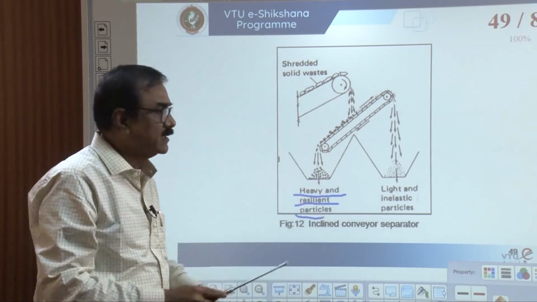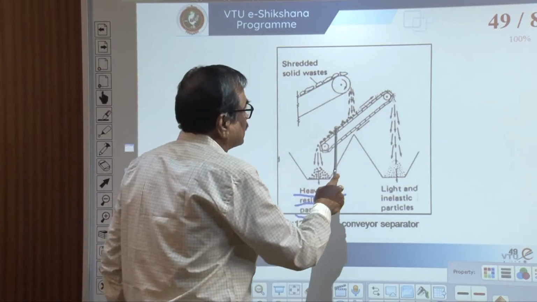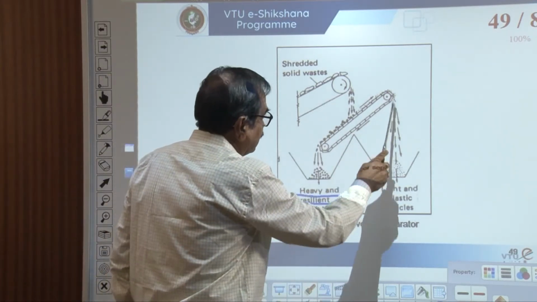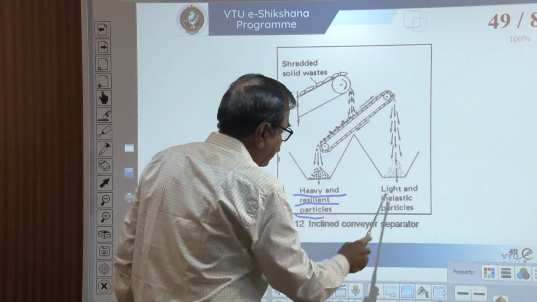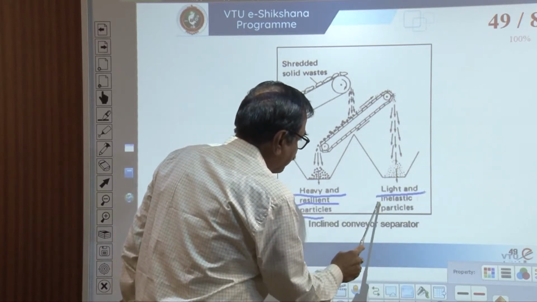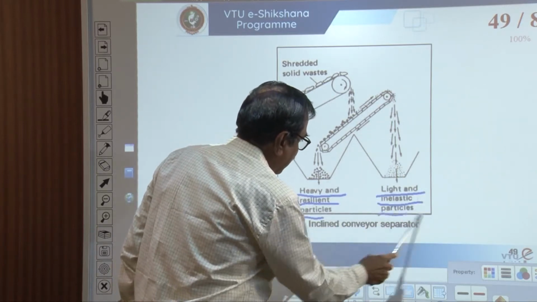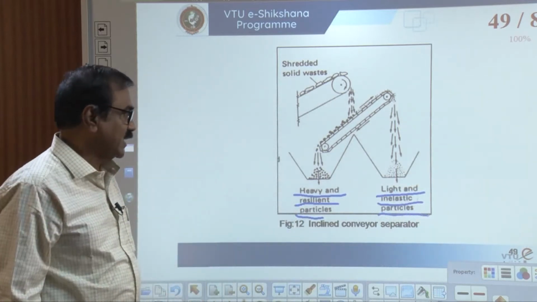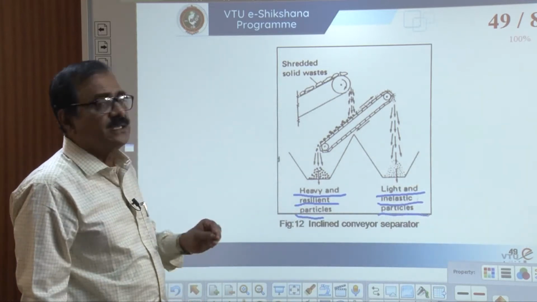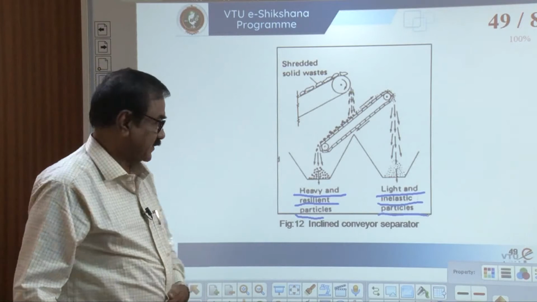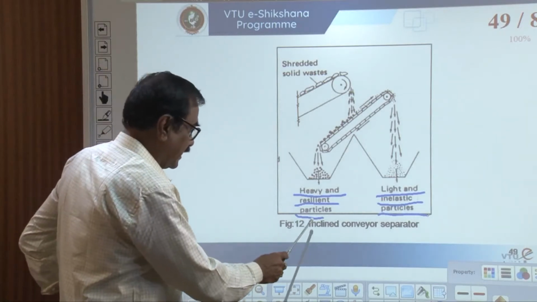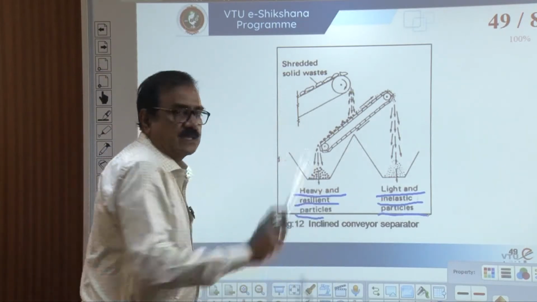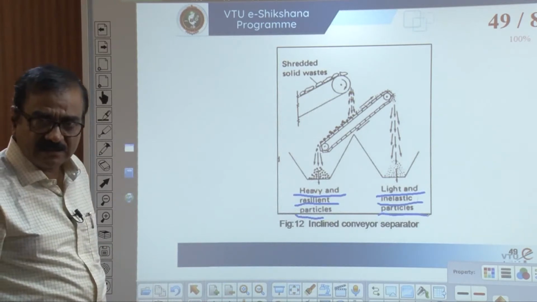They fall back, and lighter particles go up and fall here, and thus light and inelastic particles are collected. These two are the techniques used for inertial separation. This is also known as an inclined conveyor separator. Is that clear? Okay.